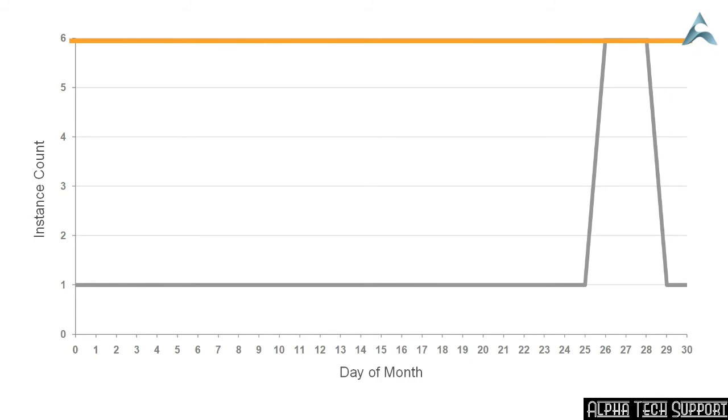This is an example. For example, your application is deployed in a month from the first day of the month, and it needs only one instance on the first day, second day, third day, fourth day, till the 24th day. But on the 25th of the month, the number of instances goes up to 6, and it remains so till the 29th for 5 days, and again on the 30th of the month it goes back to 1.